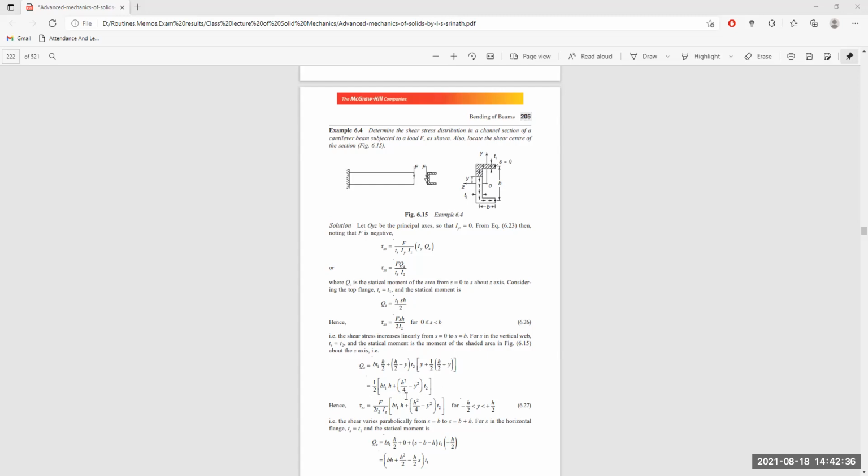And if you simplify and neglect this y into h by 2 minus y, the equation will form here as h squared by 4 minus y squared into T2.